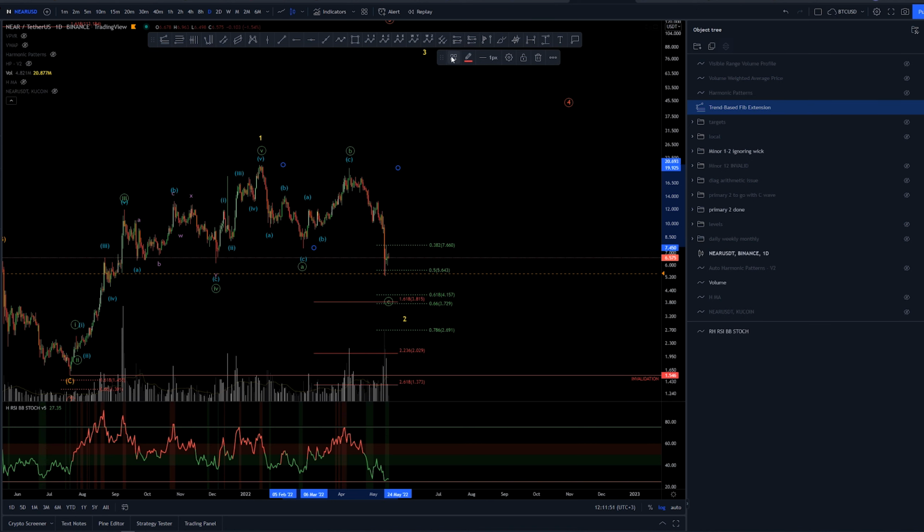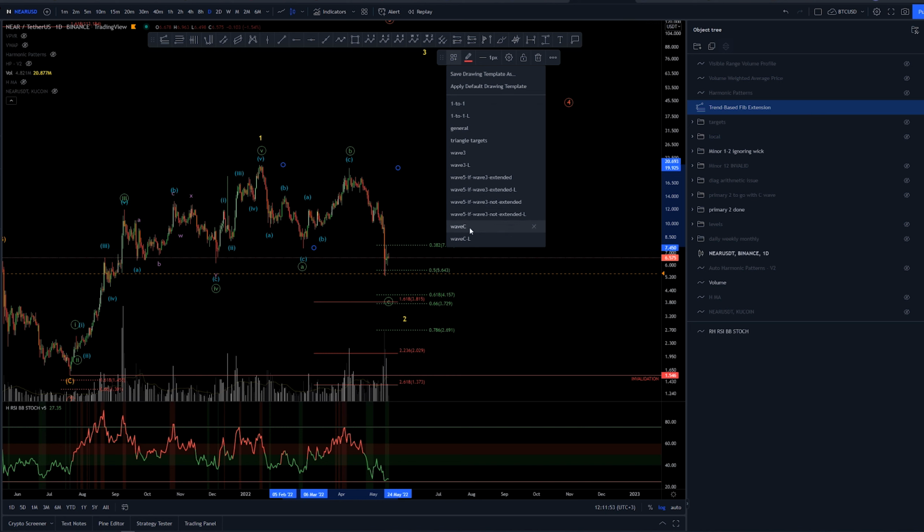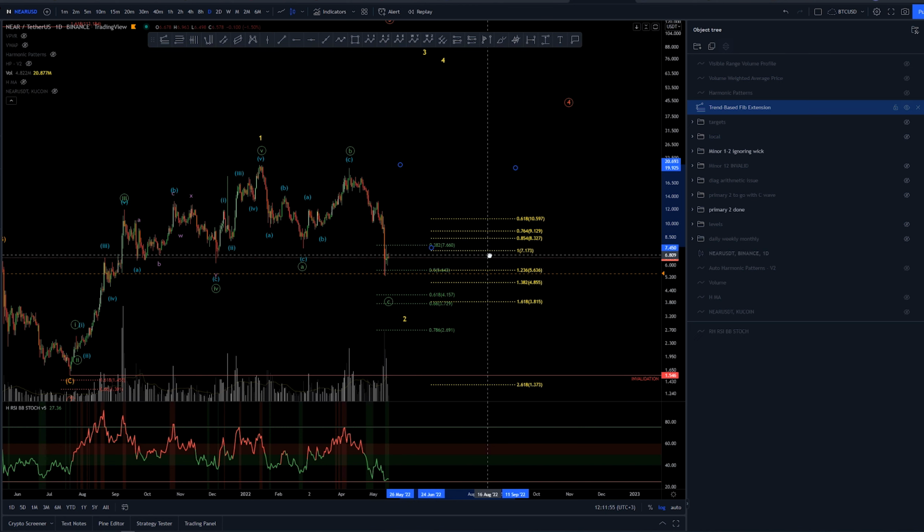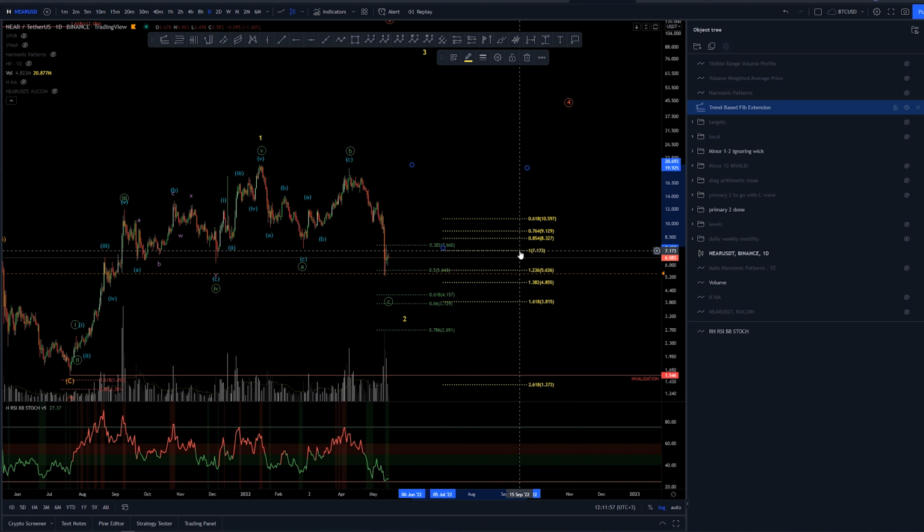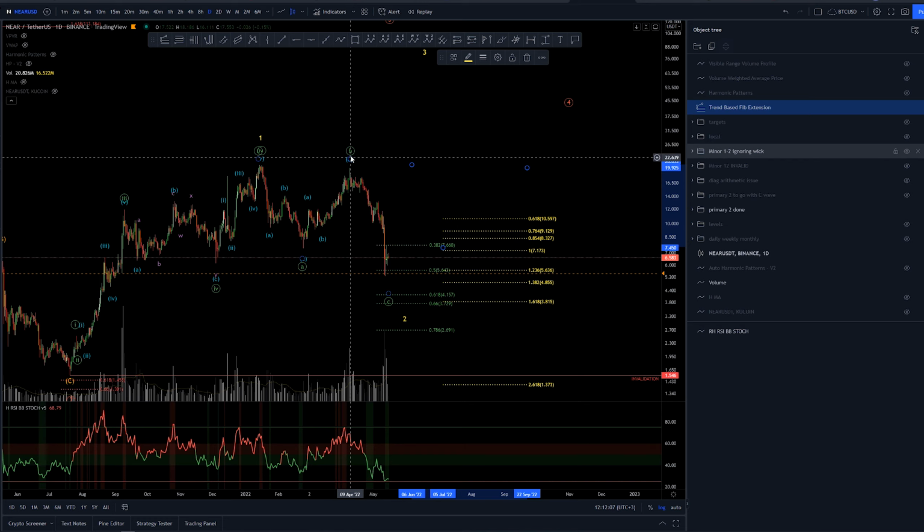We can see the targets for this. We already went past the 1-to-1 extension and are currently around the 1.236, which is basically a good area for the flat correction to go to.